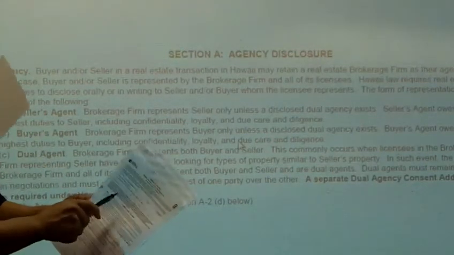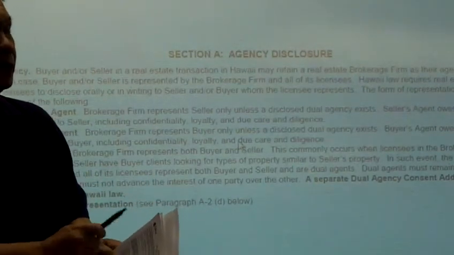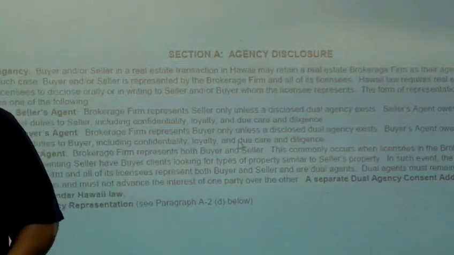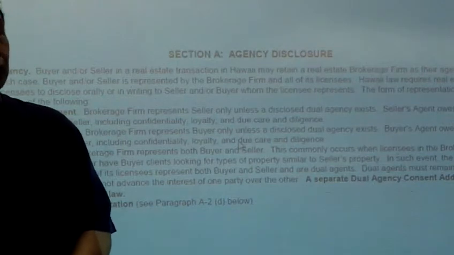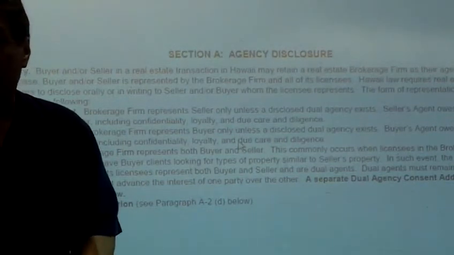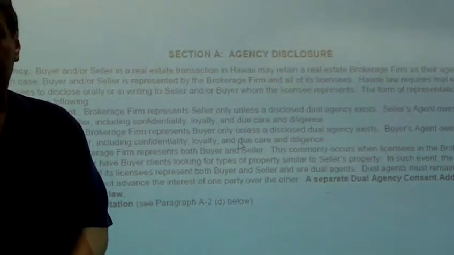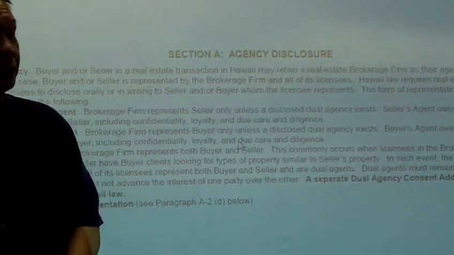So right here it says this is a legally binding contract, and you have to be aware of what each paragraph says. That's why we're going to take so much time over the next 3 weeks and run through every single paragraph, so you know how to explain it if asked. I also caution you that you are not able to give legal advice.